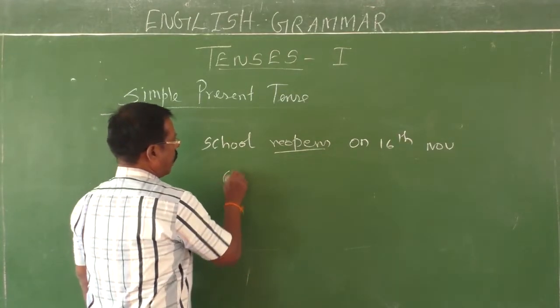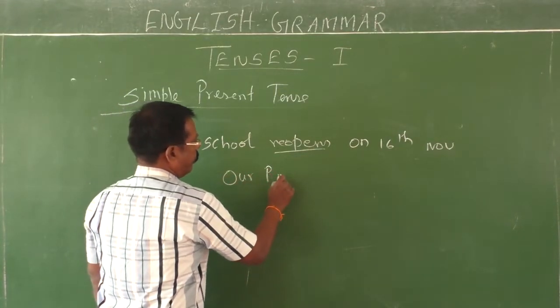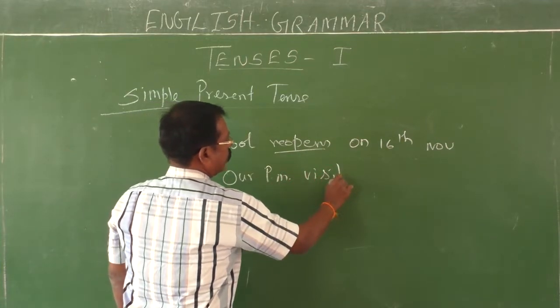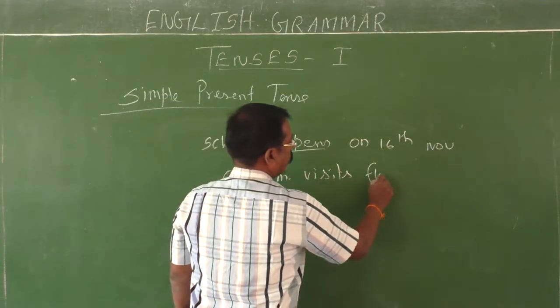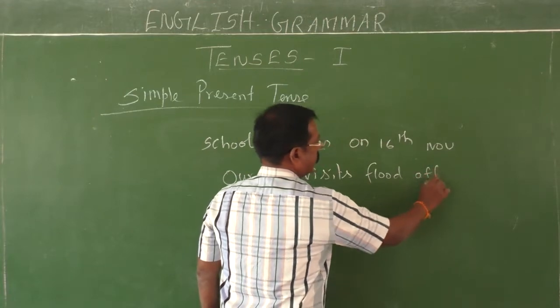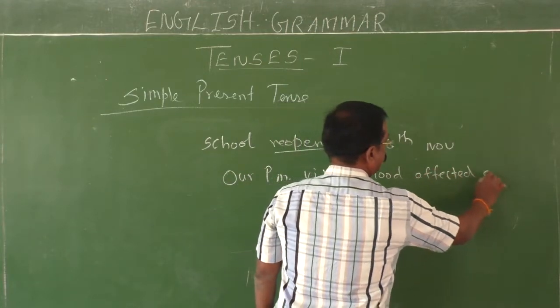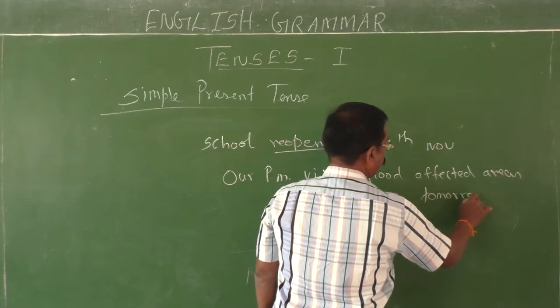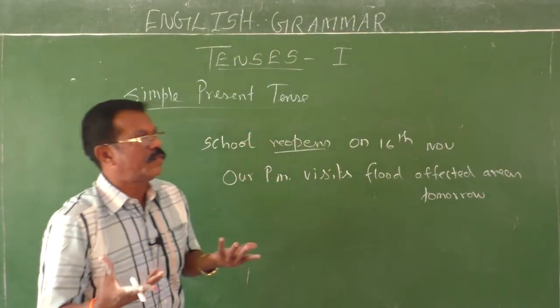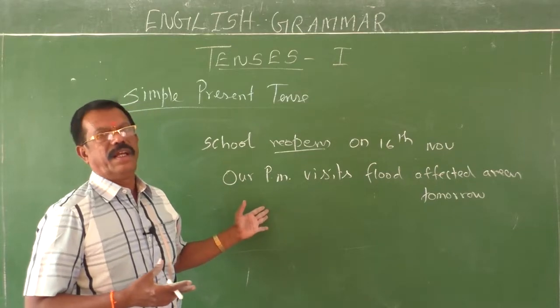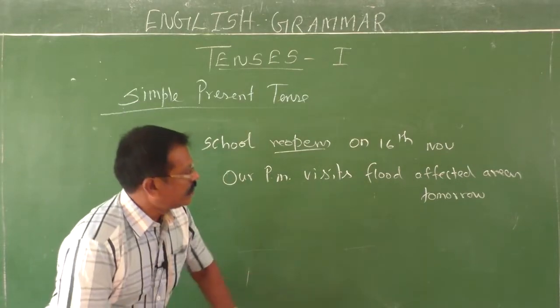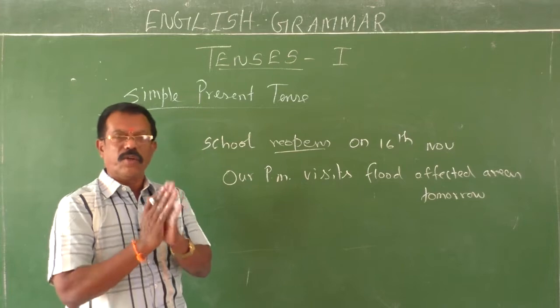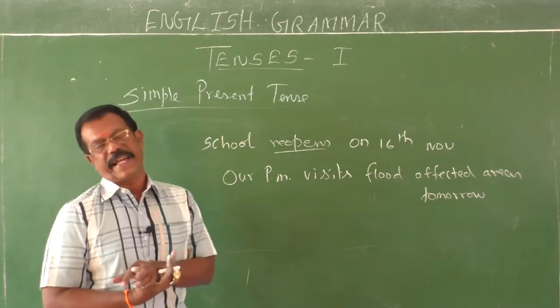See, our Prime Minister visits flood affected areas tomorrow. Here you need not use future tense to refer to this action, like: our Prime Minister will visit flood affected areas tomorrow. No need, because it is a pre-planned action.